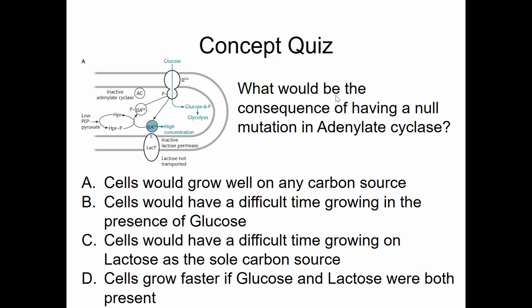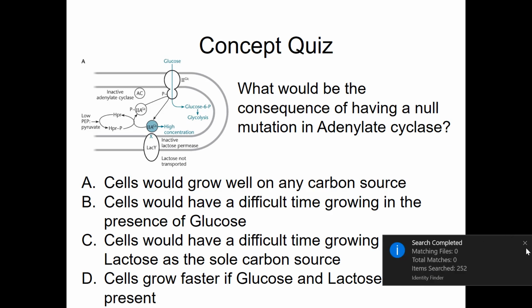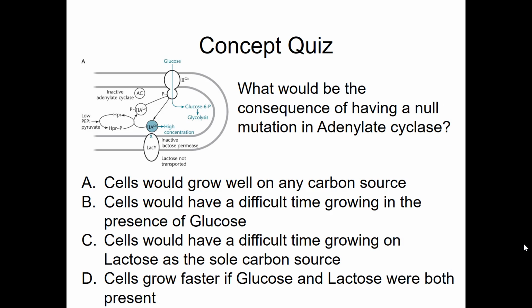All right, so quick concept quiz. What would be the consequence of having a null mutation in the adenylate cyclase enzyme? Remember, that is this enzyme right up here. So remember, a null mutation implies that that enzyme is no longer present in the cell.